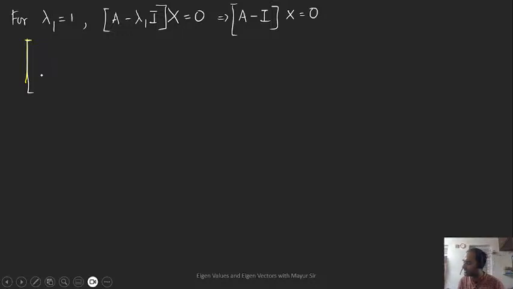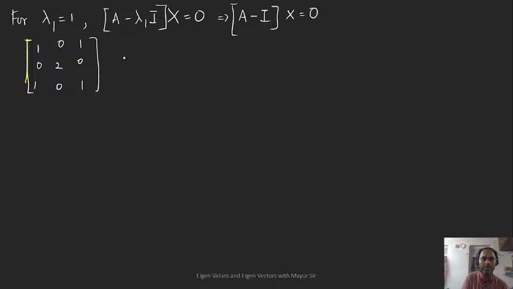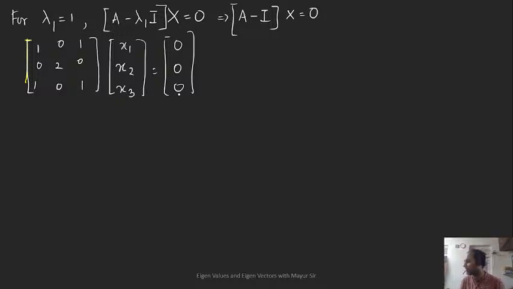Here it is 1, 2, 1, 0, 0, 0, 0, 1, 1, times x1, x2, x3, equal to 0, 0, 0. This is what we have got.